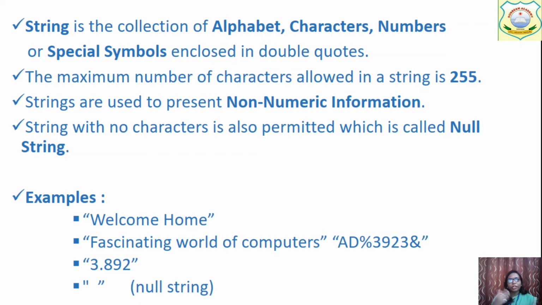Okay, so let's see it once again. What is a string? A string is a collection of alphabets, characters, numbers or special symbols. How many characters are allowed in a string? It is 255. Strings are used to present non-numeric information, means we cannot do mathematical calculation on it.